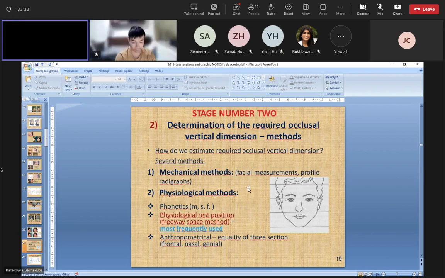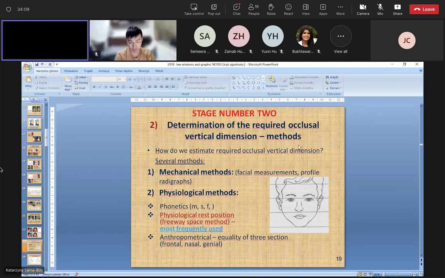Look at this face. We can divide the face into 3 parts: upper, middle, and the lower one. And as you see, when the patient has the proper occlusal vertical dimension, in other words, good occlusion with their own teeth, those 3 parts of the face are equal.